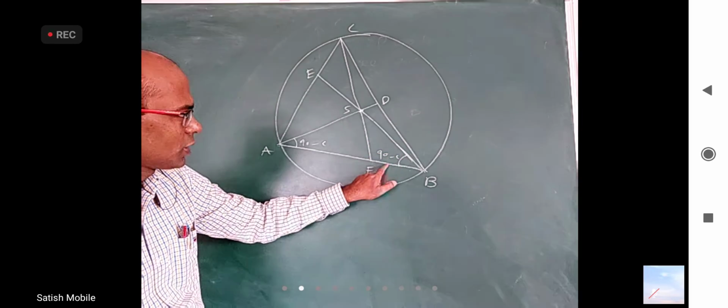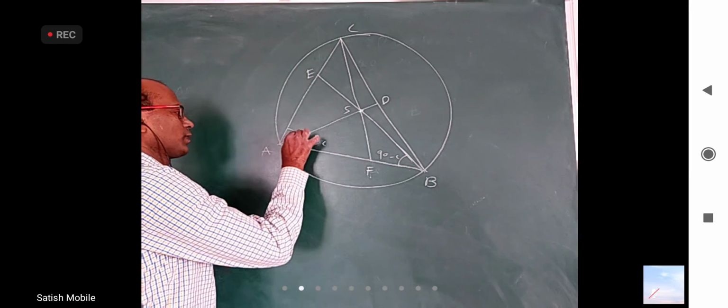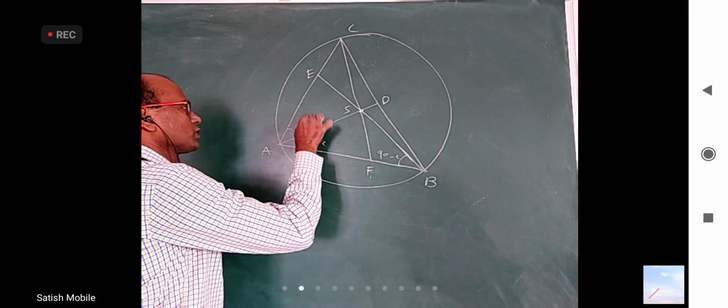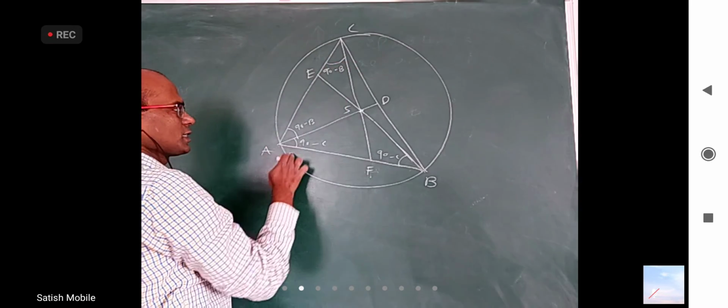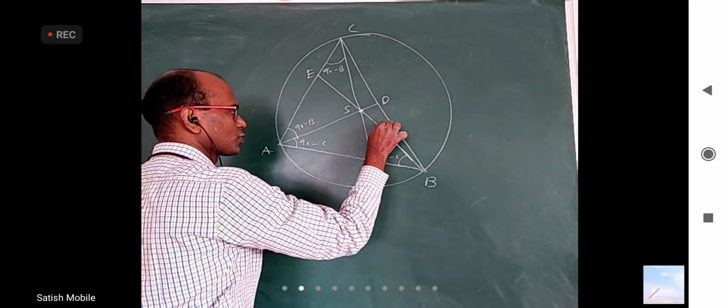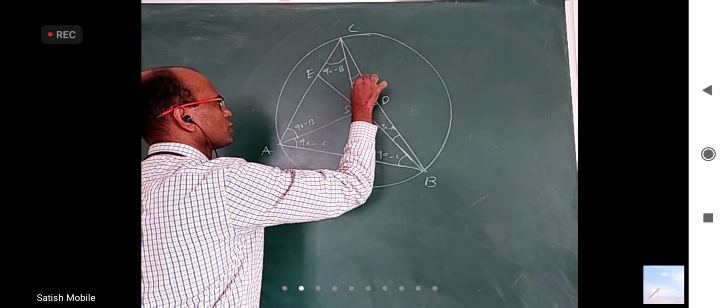Similarly, this total is B means this is 2B, so this should be 90 minus B, 90 minus B. This is A, this is 2A, so this should be 90 minus A, this should be also 90 minus A.